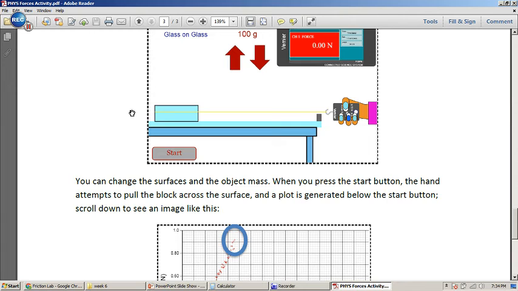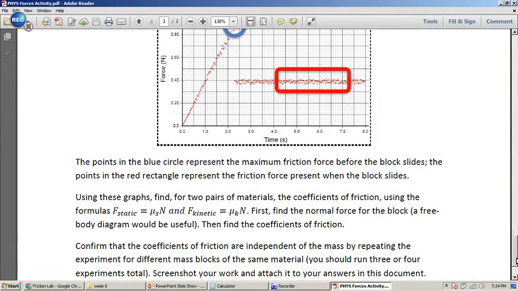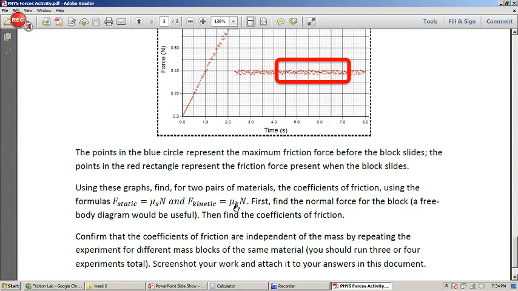So you're measuring, in effect, the friction force as it starts to go up. And then you're measuring as you pull it across the table. You're measuring the tension in the rope. And if you pull at constant velocity, the forces are still equal. That's the key thing. If you pull at constant velocity, then you can calculate from these formulas what these coefficients should be.